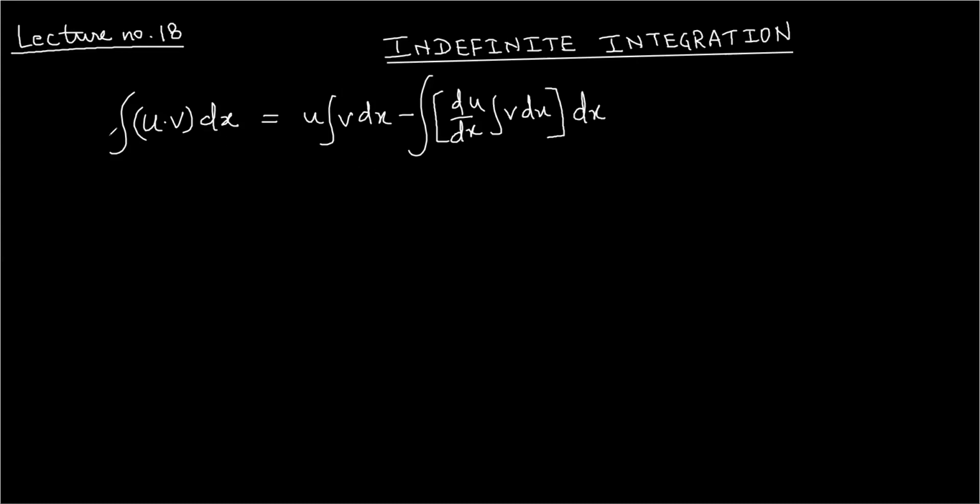Since we have already done this in lecture number 17 and have also solved a few problems, today we are going to solve a few more problems on integration by parts.